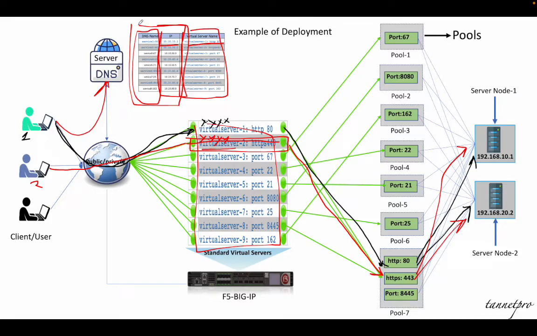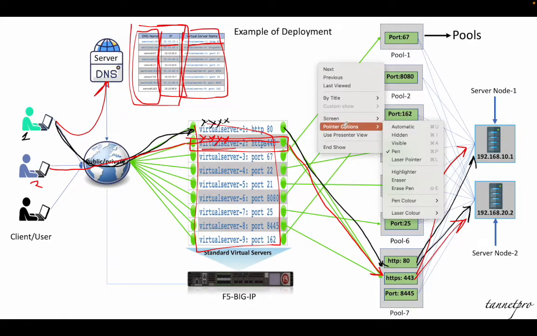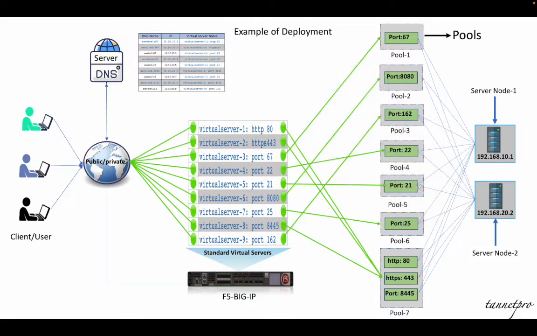It could be a NATed IP address also, a firewall IP address, or another IP address. Here I have given the direct example. So this is the basic flow.